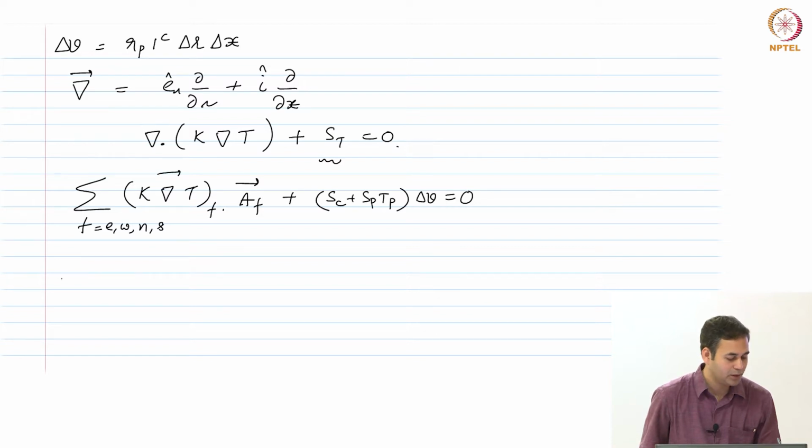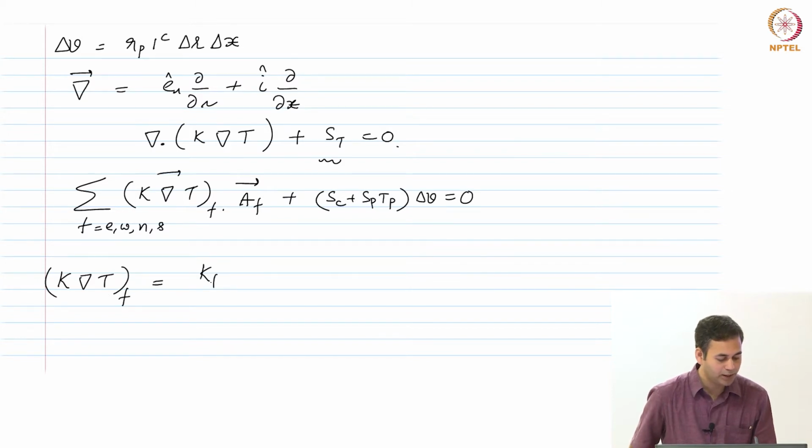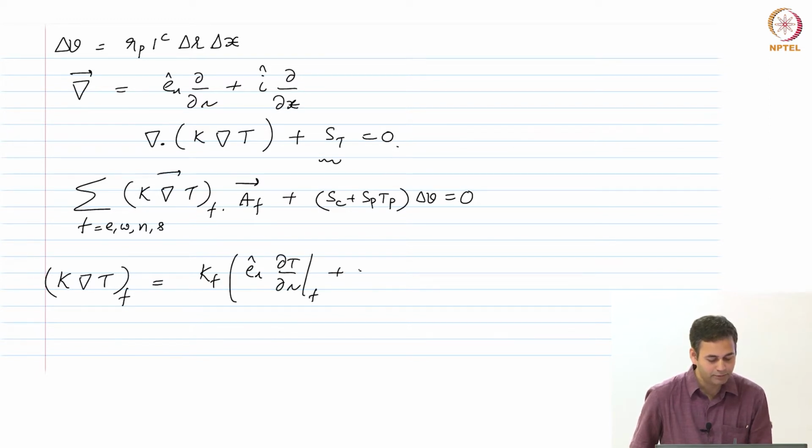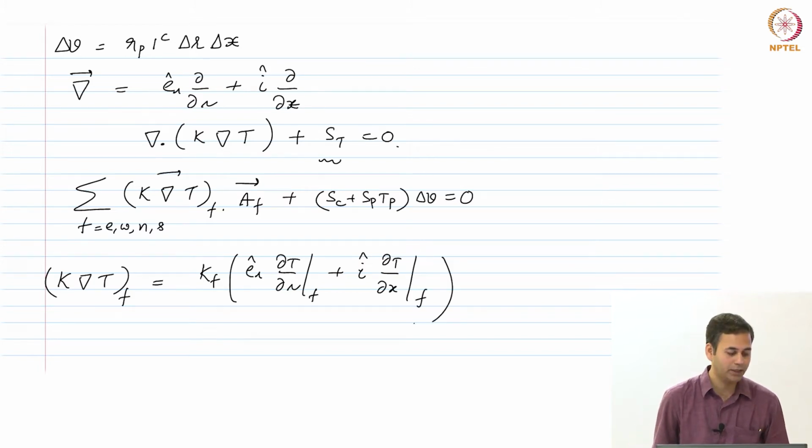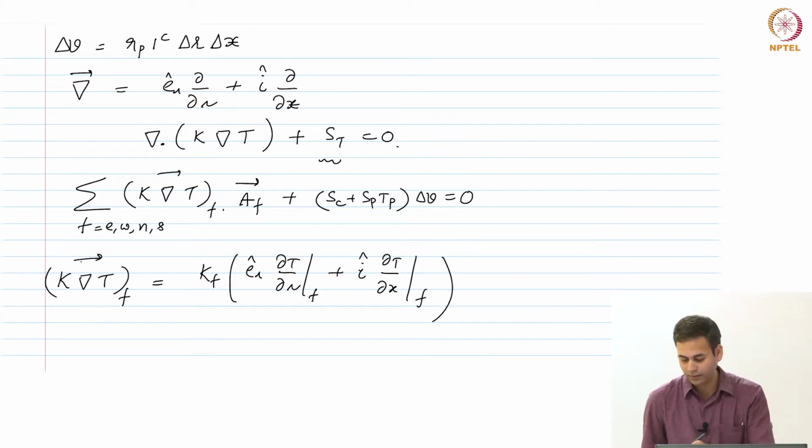So, if I calculate k grad T f, this would be K f times Er hat partial T partial r on the face f plus I hat partial T partial x on the face f. That is our k grad T f vector.